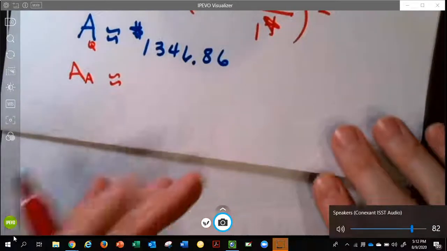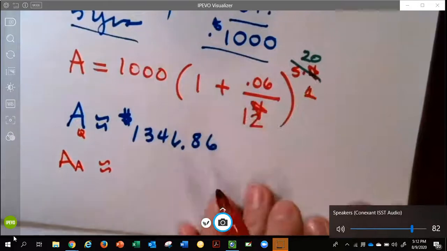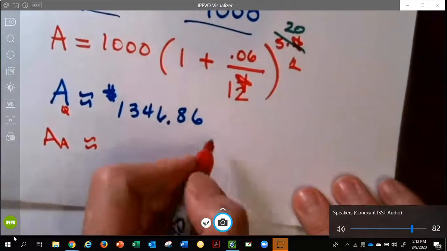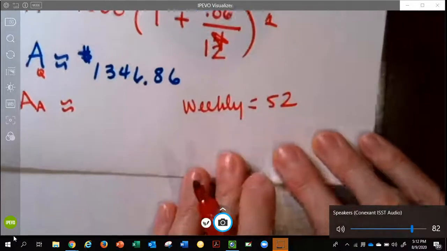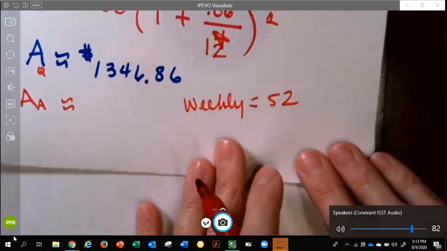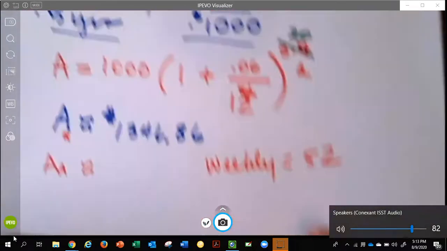You could also compare it to monthly. Start looking at what's going on the more compounding periods. Oh, and you could even do it weekly, and you would use a 52, because 52 is the standard number of weeks per year. So the answer is the more compounding periods, the higher the accumulated amount.